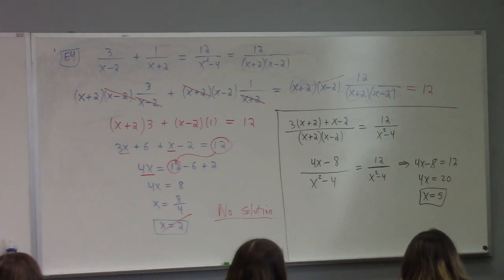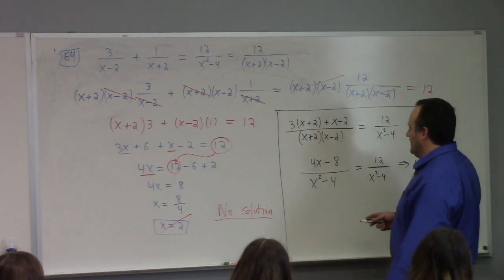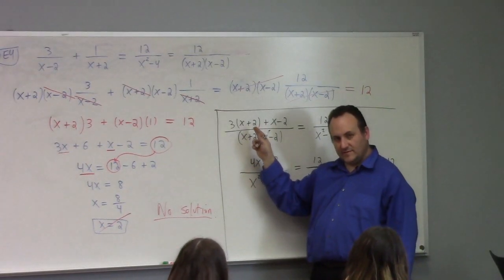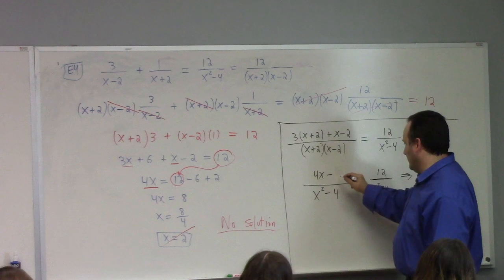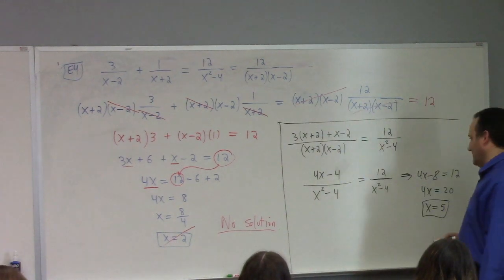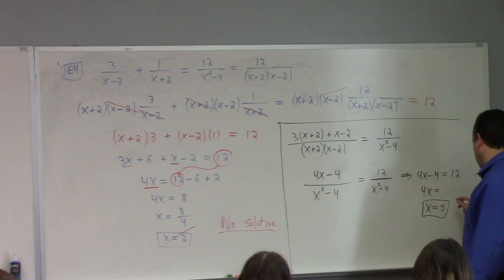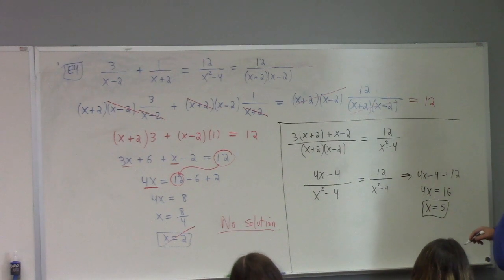I was hoping this was more exciting. Yeah, thank you. 3 times 2 is 6, 6 minus 2 is 4. There we go. Well, that's less exciting. So apparently 4x is equal to 16, unless I've made a mistake, which seems entirely likely.